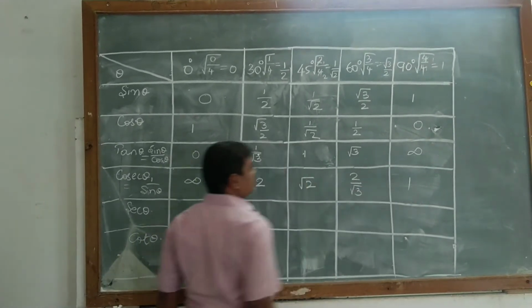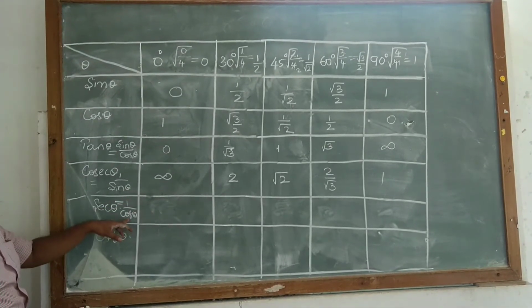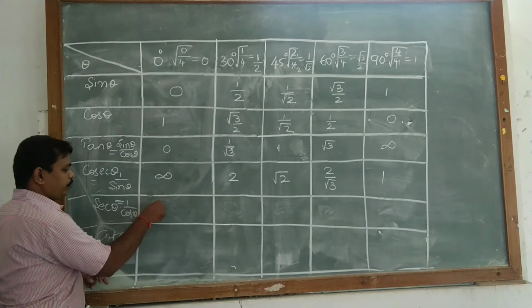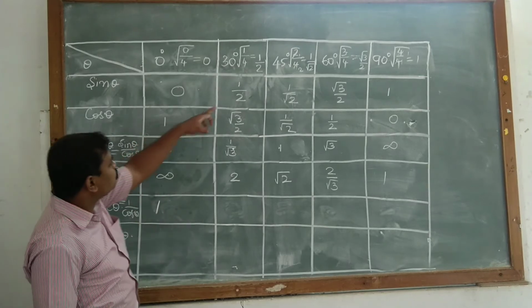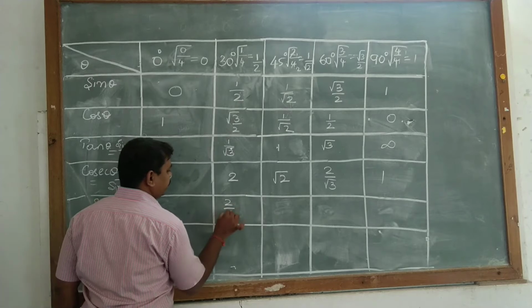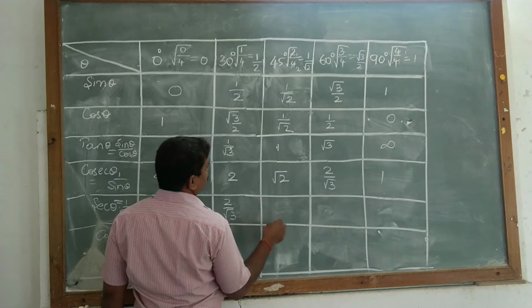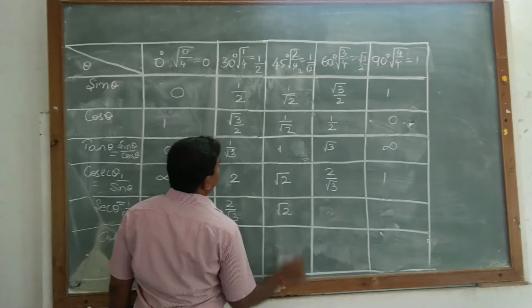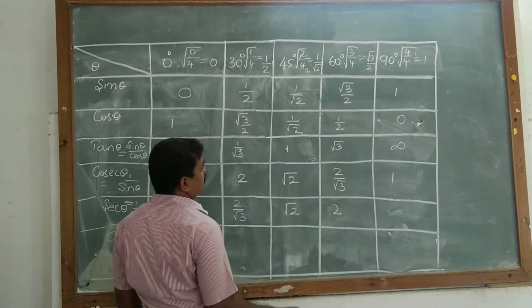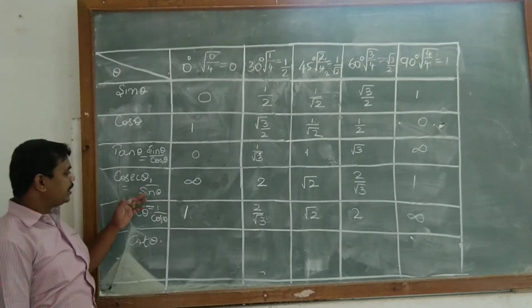1 by 1 is the next trigonometric ratio, that is secant theta. 1 by cos theta. 1 by 1 is nothing but what? 1. Next, 1 by root 3 by 2, that is nothing but you are going to get 2 by root 3. Next, 1 by 1 by root 2, that is root 2. Next, 1 by 1 by 2, that is 2. Next, 1 by 0 is infinity. When you observe here, what did you understand?